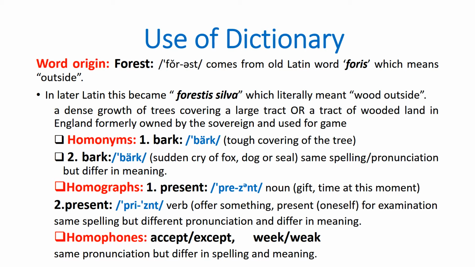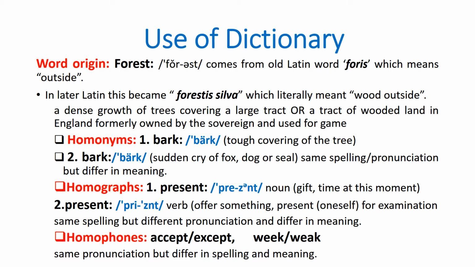The other things that we can see while using a dictionary are the homophones. Students, homophones are the words that have the same pronunciation but different spelling and different meanings. Like here we have the word accept, and the other word we have, except. Both have the same pronunciation but different spellings and different meanings.